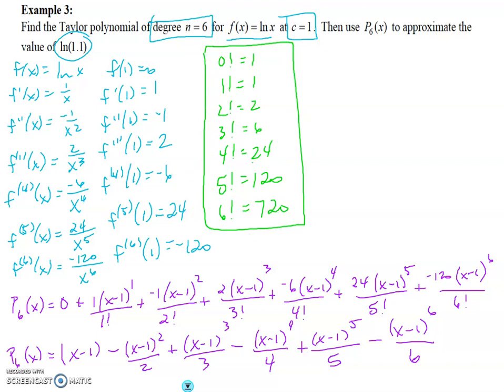Now the last thing it asked us to do was to evaluate. So we're going to come back up here and we're actually going to evaluate our polynomial at 1.1. So we're using our calculator. Well, that should be an evaluation symbol or approximately symbol.